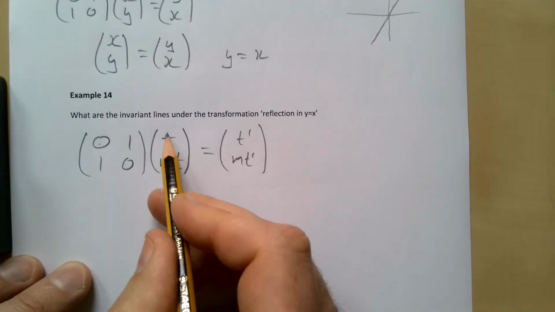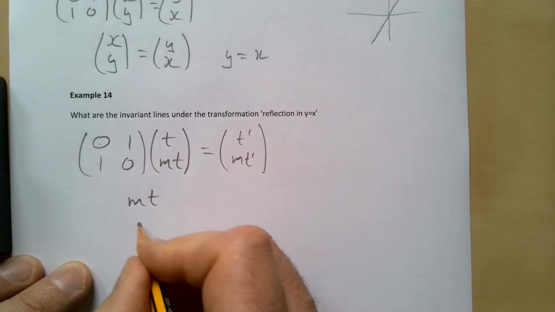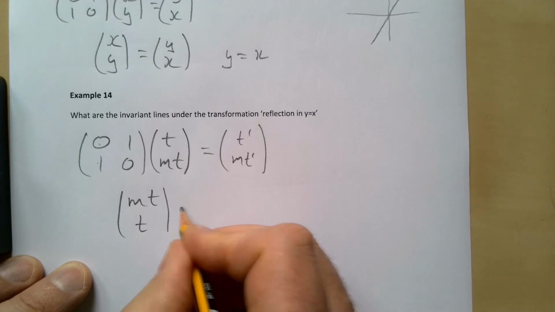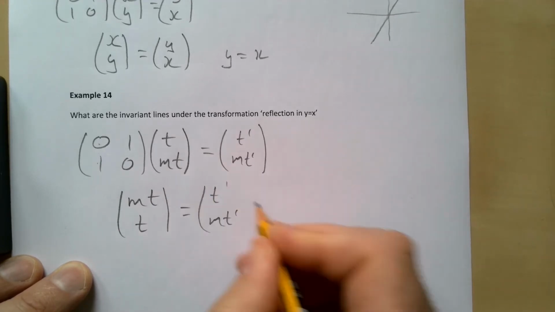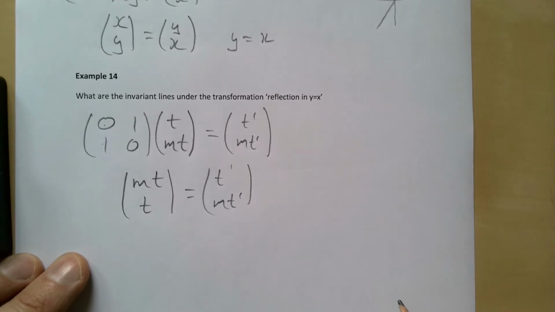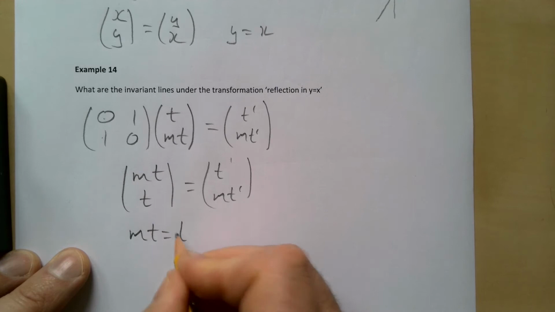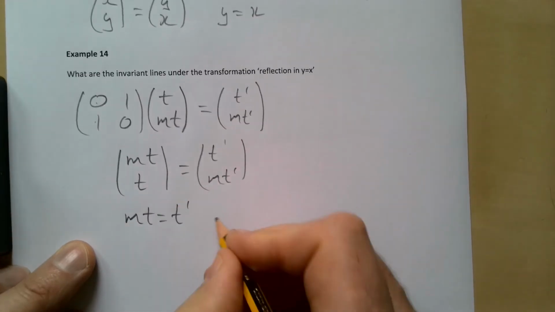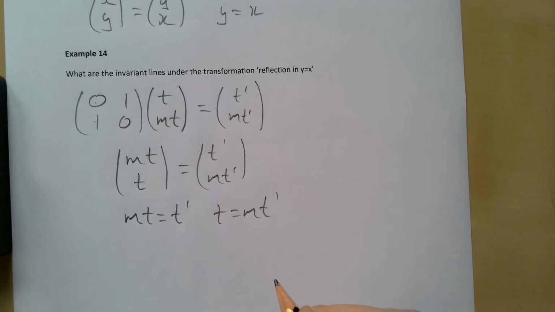So let's multiply this out. We get mt, t, equals t dash, mt dash. So we have mt equals t dash, and t equals mt dash.